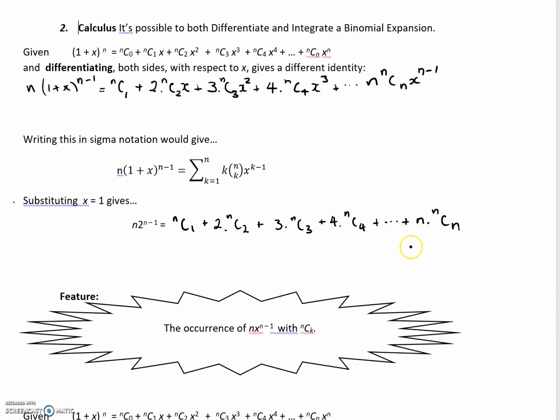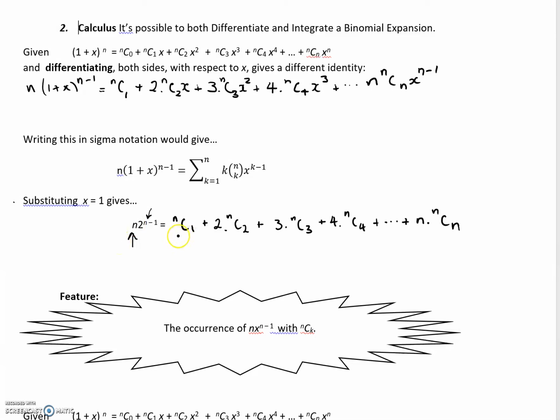So if this was the identity that was given with the instruction of show or prove that this identity is true, then hopefully the features of it, which would lead you to knowing that you need to differentiate, are still this feature of a power appearing now as a coefficient and 1 being subtracted from the power, which is certainly a feature of differentiation.